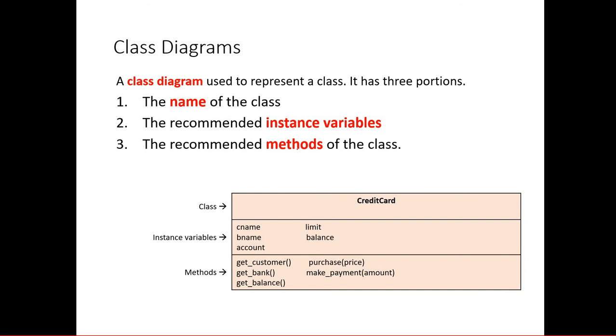We can represent a class with a diagram notation like this. For example, you see a square shape here with the class name, credit card, any variables, the data that you want to have, and methods, which perform some actions.